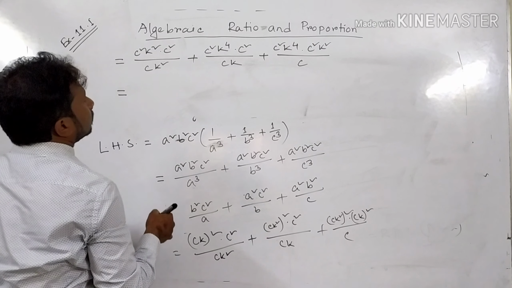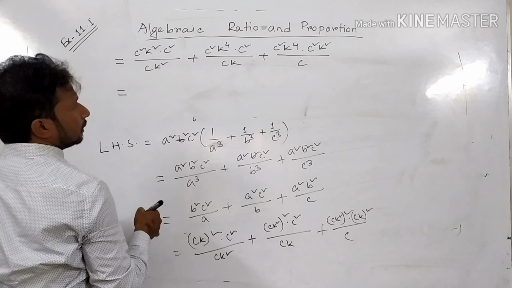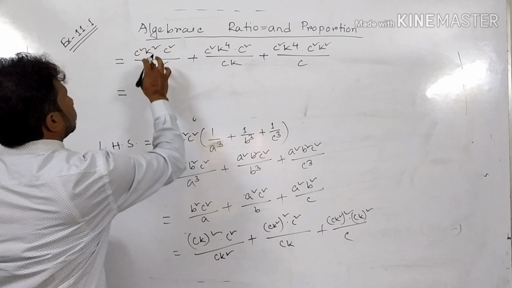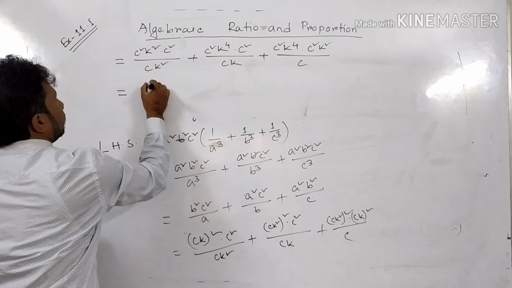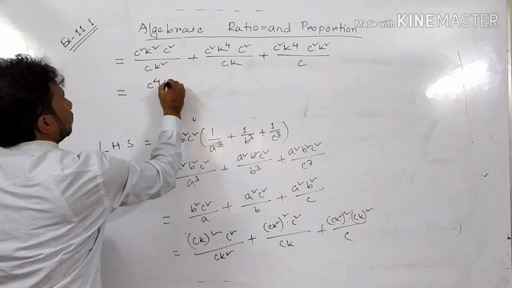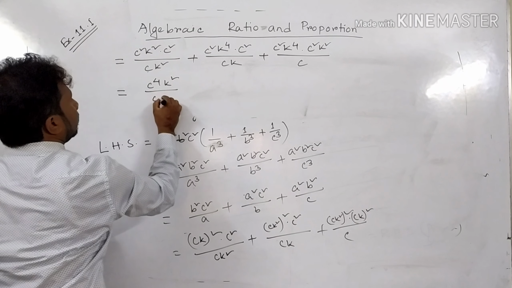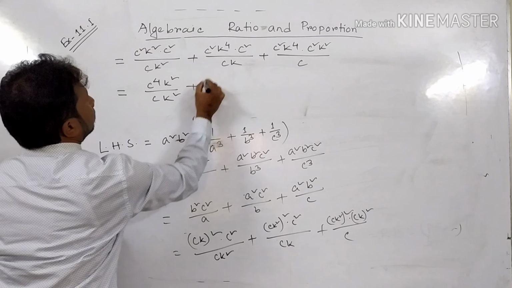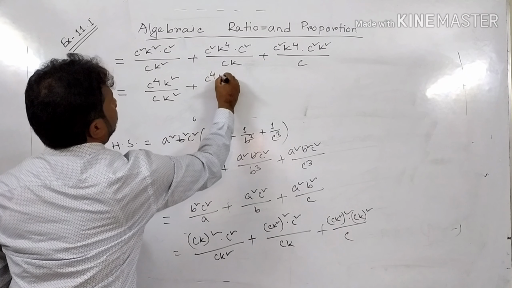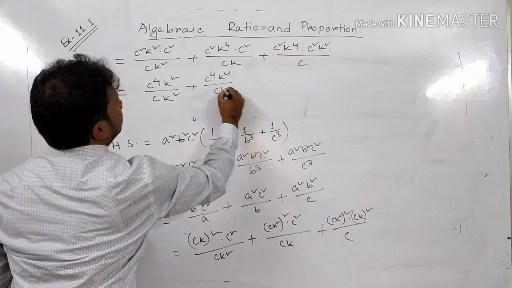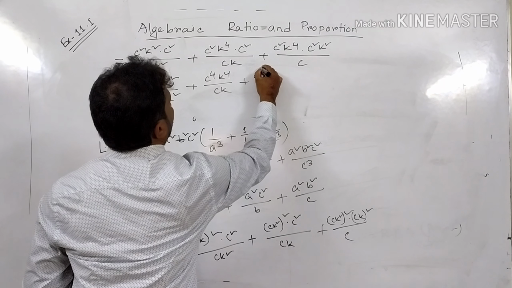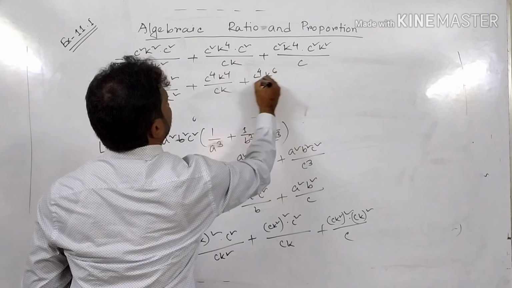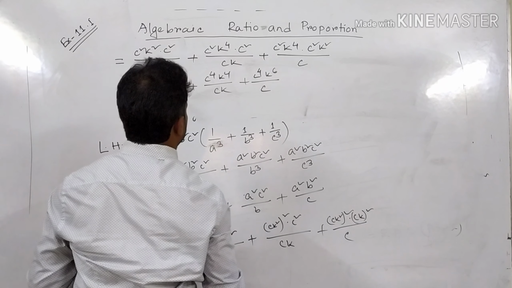So now you can reduce it also directly. Suppose c reduces, you will get c to the power 4 k square divided by ck square, c to the power 4 k to the power 4 divided by ck, plus c to the power 4 k to the power 6 divided by c.